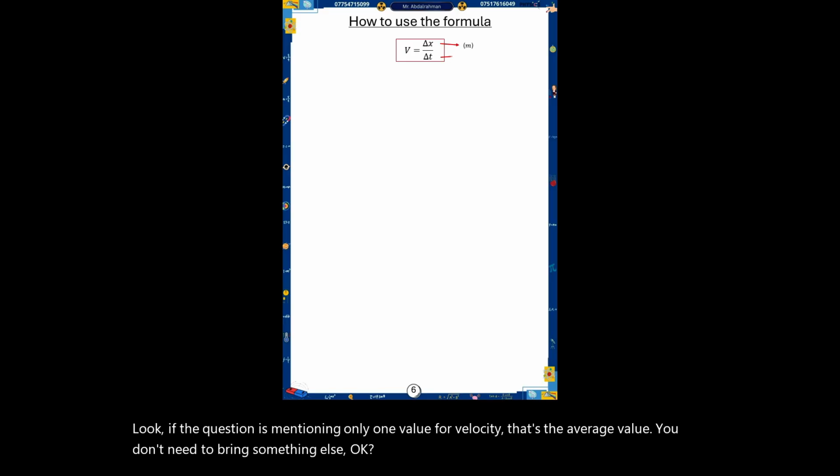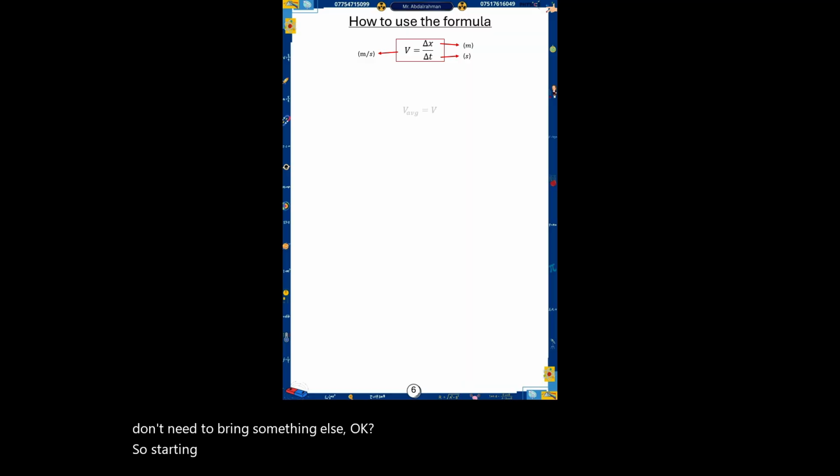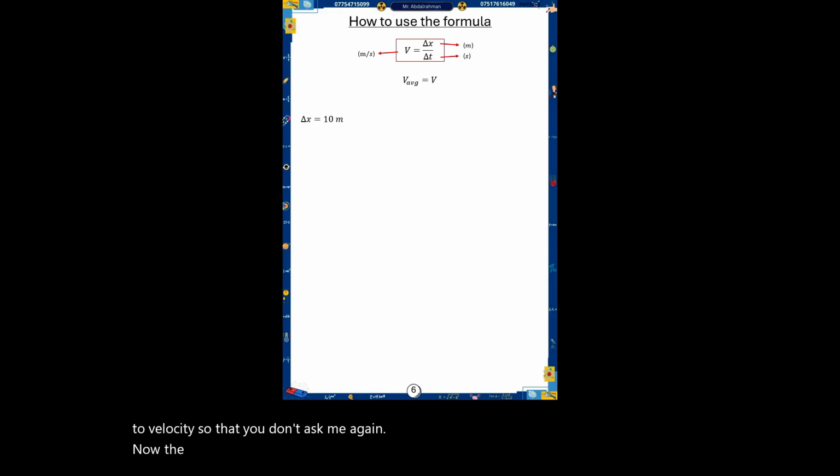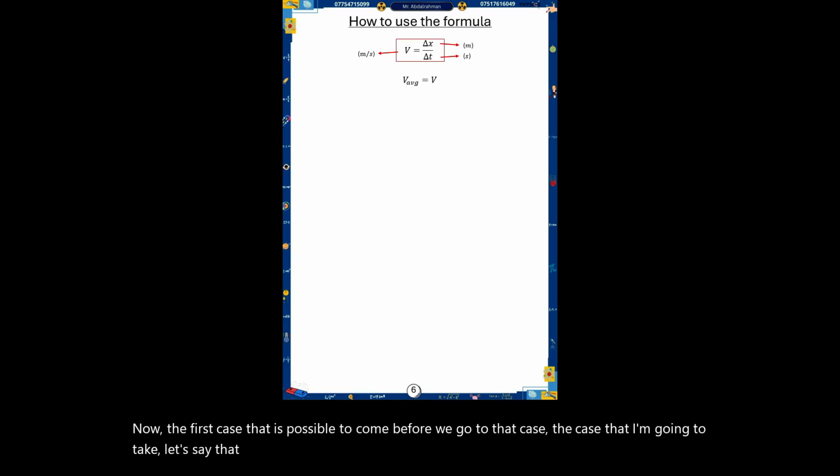So starting with the units, we already discussed that part, and then the average velocity is equal to velocity, so that you don't ask me again. Now, the first case that is possible to come: let's say that someone is moving 10 meters.